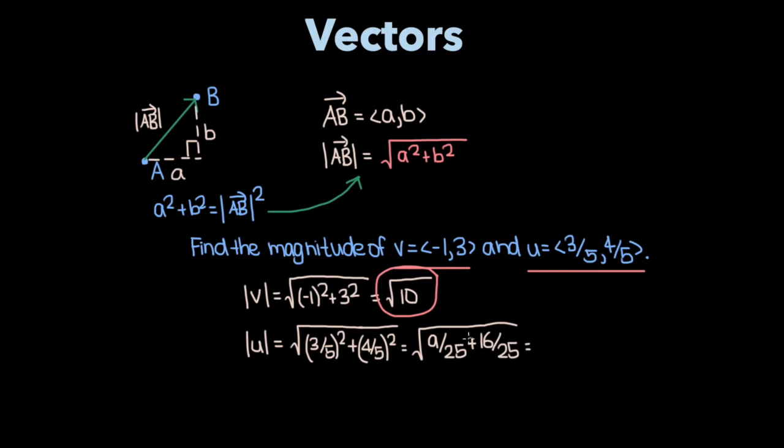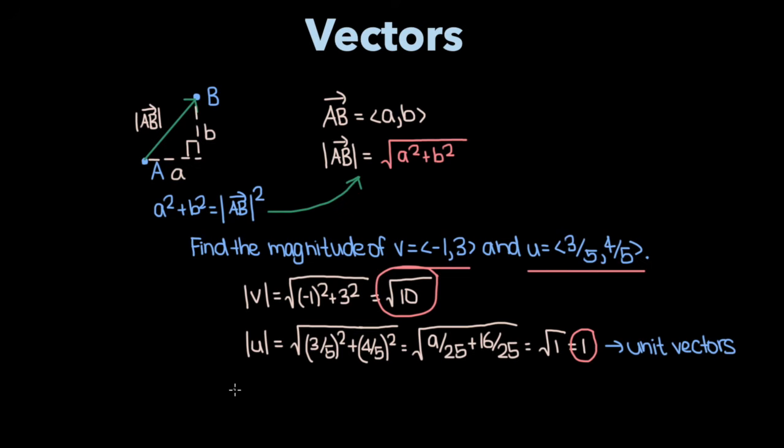And so what we have here is the square root of 25 over 25, which is the square root of 1, which is 1. And so the magnitude of vector u is 1. We give a special name to vectors which have a magnitude of 1. Vectors of magnitude 1 are called unit vectors. And this is something that we'll come back to a little bit later.